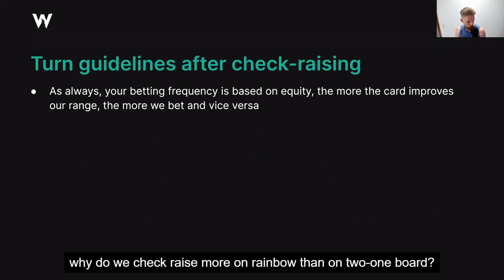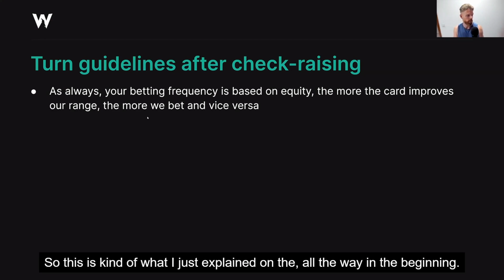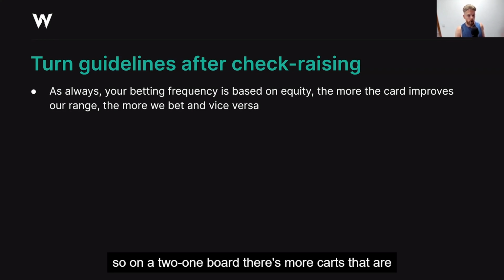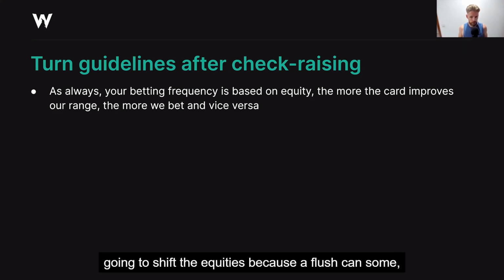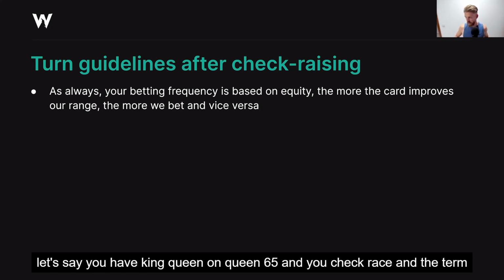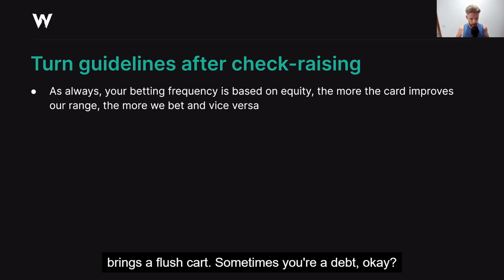why do we check raise more on rainbow than on two-tone boards? This is kind of what I explained at the very beginning, I think Queen 6-5. On a two-tone board, there are more cards that are going to shift the equities because a flush can come. Let's say you have King Queen on Queen 6-5 and you check raise, and the turn brings a flush card. Sometimes you're dead.